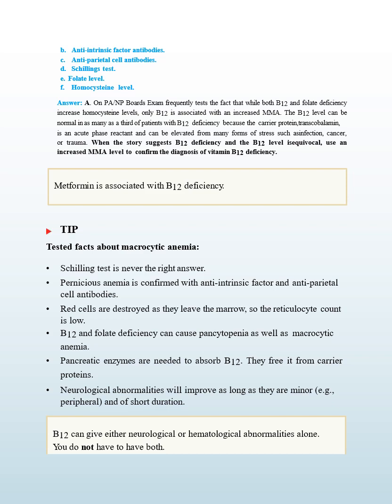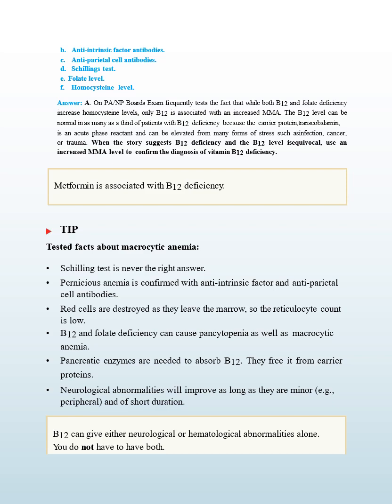Here there is another clinical tip which states that metformin is associated with B12 deficiency. Also, we need to know the most frequently tested clinical facts for macrocytic anemia. Number 1, Schilling test is never the right answer.